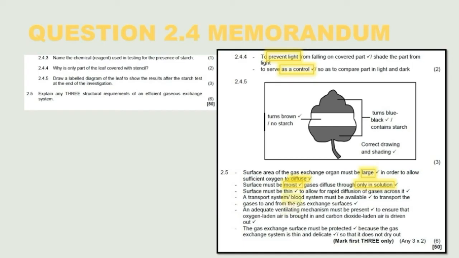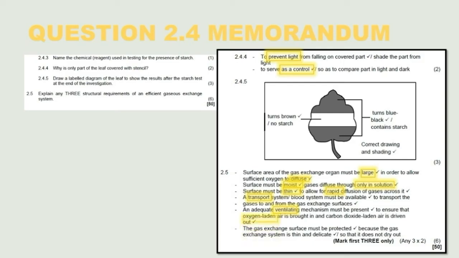The surface area should be thin. So this allows for rapid diffusion of the gases. Then I need a transport system. So my blood system must be available to transport these gases from one point in the body to another. Then there should be adequate ventilation.